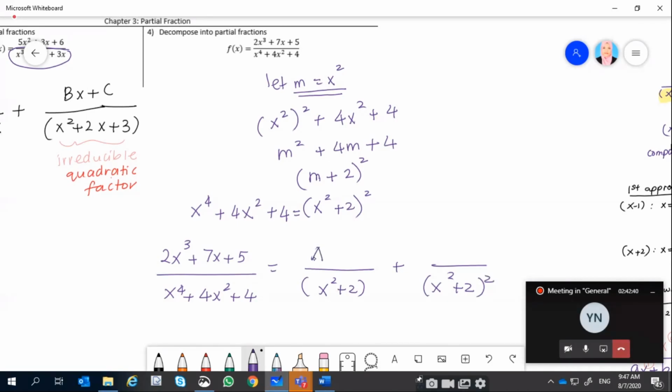The top parts are Ax plus B, Cx plus D. So the answer for this question, I'll share here.